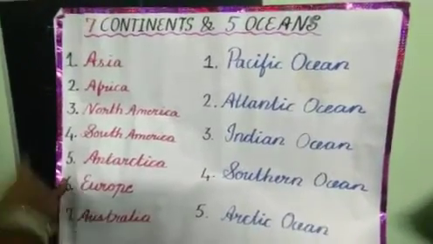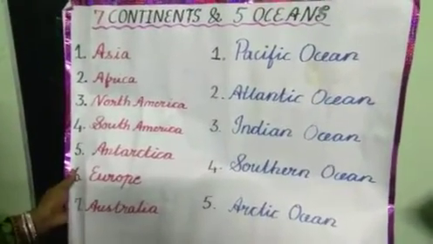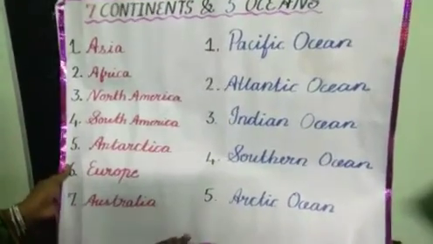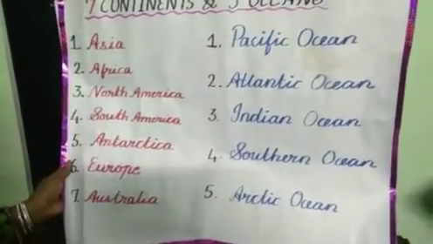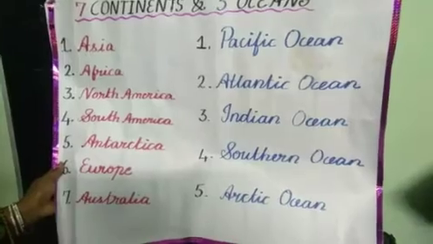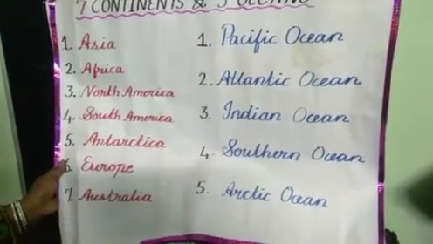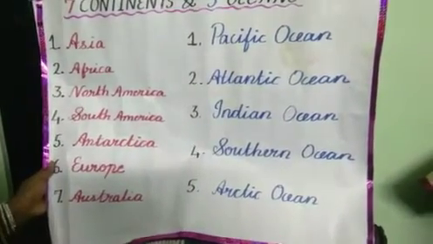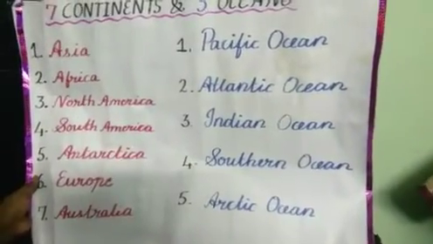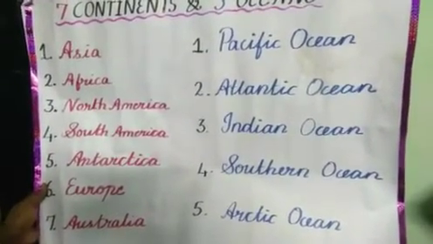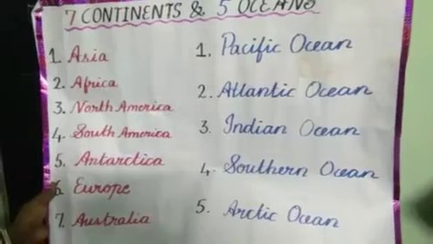This chart shows you the 7 continents and 5 oceans written in order: Asia, Africa, North America, South America, Antarctica, Europe and Australia. The 5 oceans are Pacific Ocean, Atlantic Ocean, Indian Ocean, Southern Ocean and Arctic Ocean.